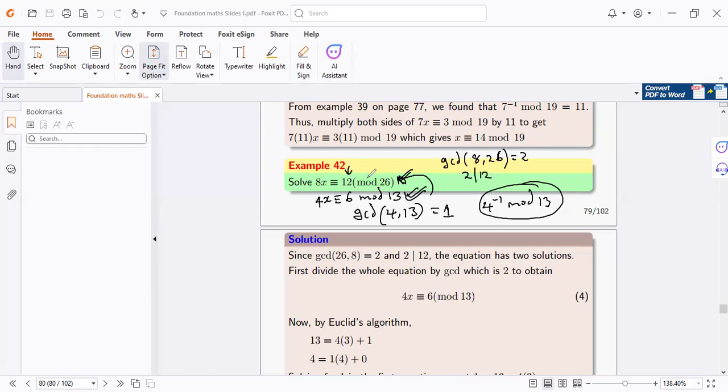So that means this original equation has 2 solutions, because the GCD was 2. But we've reduced it to get this equation first of all. So this equation will give us one solution. Then we go back, as we were doing in the previous examples, and get the remaining solution for this equation. So let me just now go straight to the working.